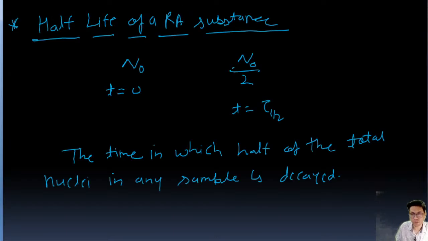Mathematically we can write, since we have the formula N equal to N naught e to the power minus lambda t. I have just derived it, right?